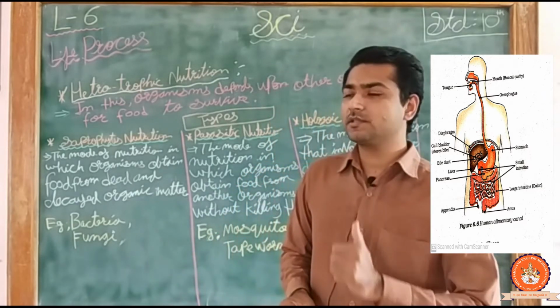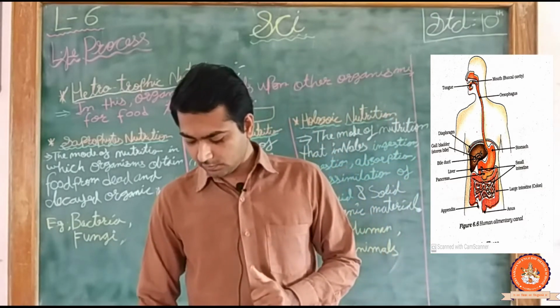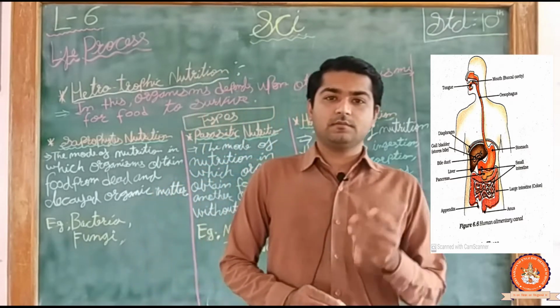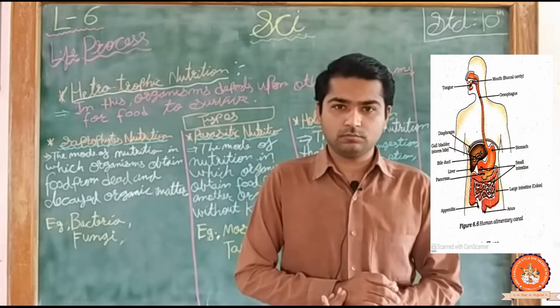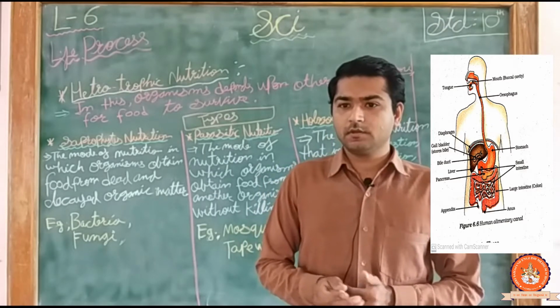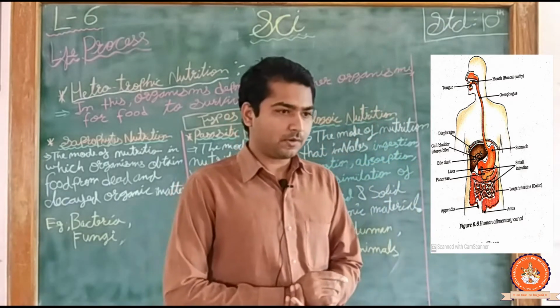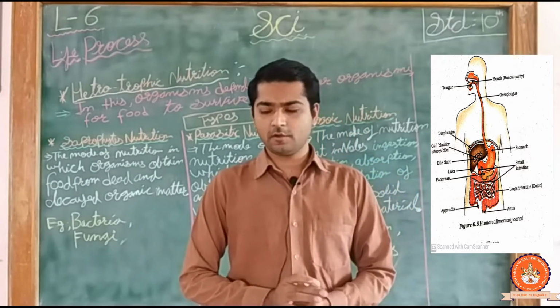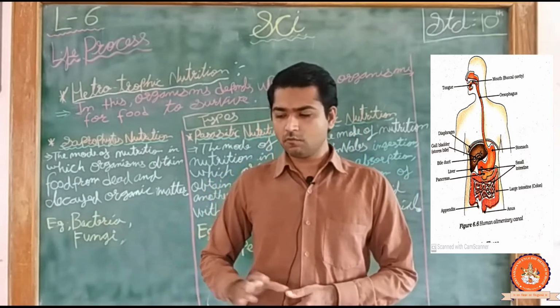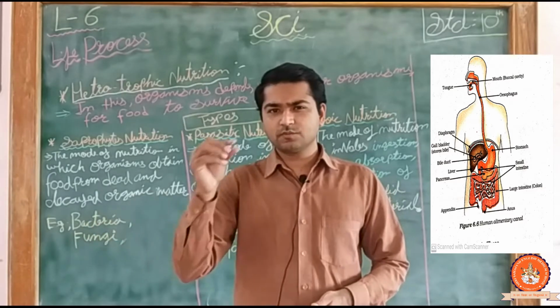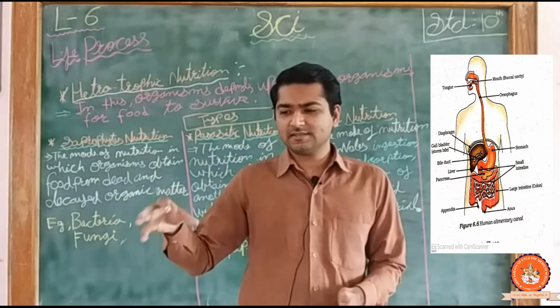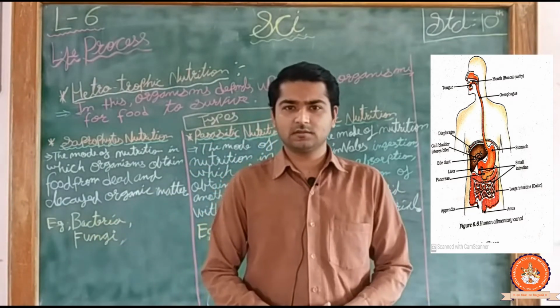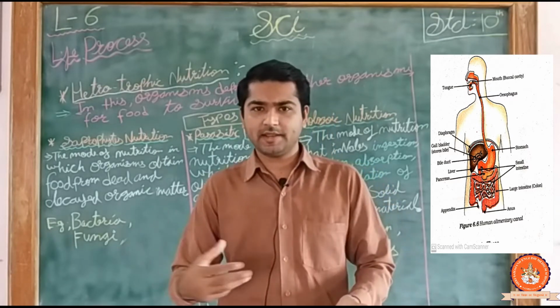For example, if I give you the example of a mouse. Clear? When a mouse is dead at your home somehow and you don't know what happened, you get a bad smell at your home and you see that there is a mouse. What do you see? Small bacteria are roaming and flying over there.